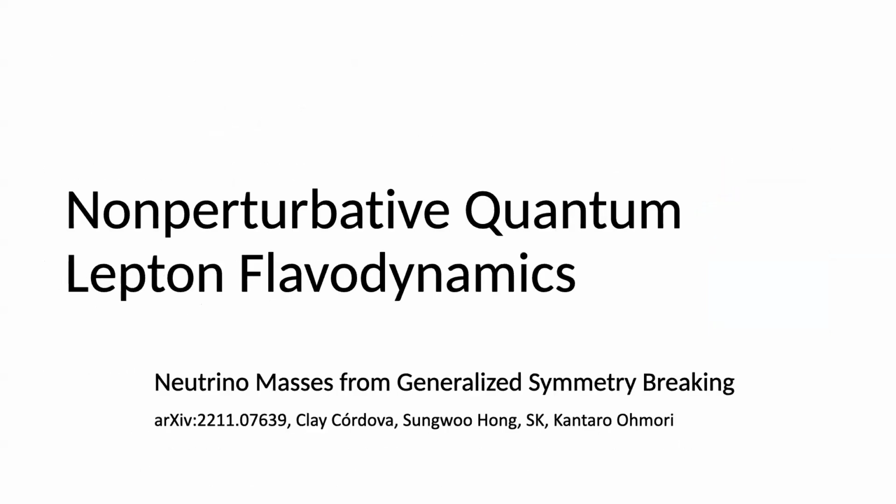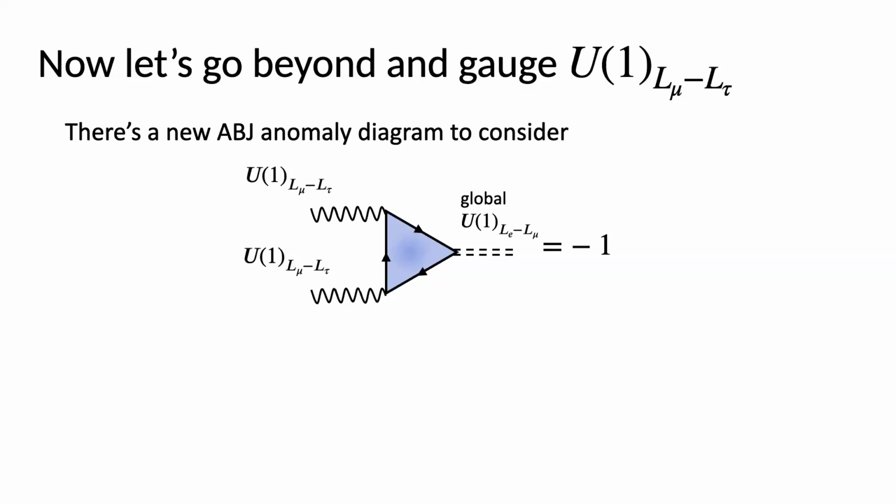And indeed, what I'm going to do, this is this paper in particular, is to gauge L_mu minus L_tau, and as you probably all know, there's tons of phenomenological motivation to do this for the spectrum of neutrino masses and mixing, or g-2 of the muon, or the anomalies, or what have you.